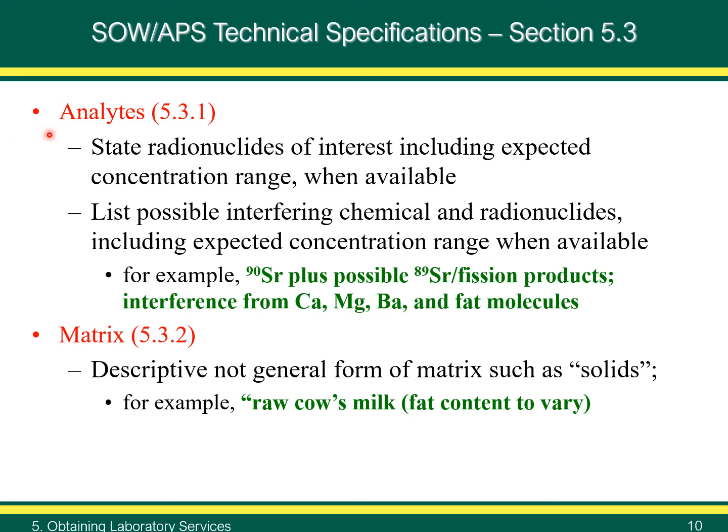MARLAP Section 5.3.1 addresses analytes. The analyte list is generally compiled from information obtained from site process history and/or from investigative studies. So it should list the radionuclides or radionuclide parameters of interest and the expected concentration range for these when available.